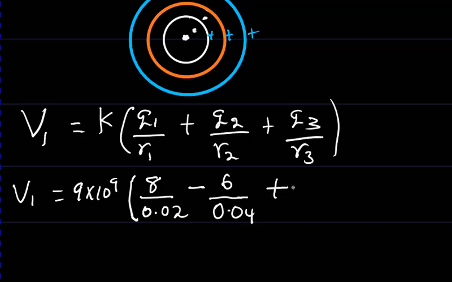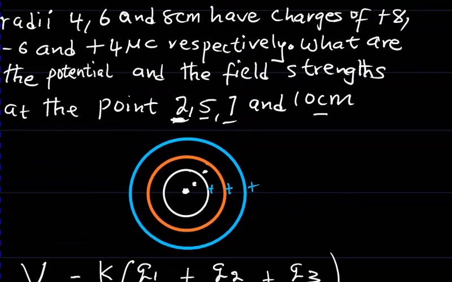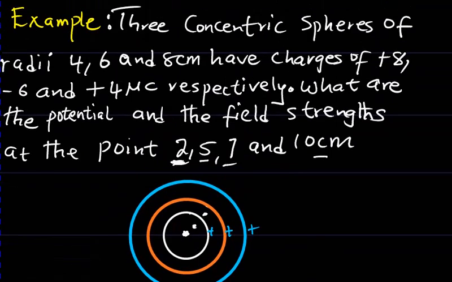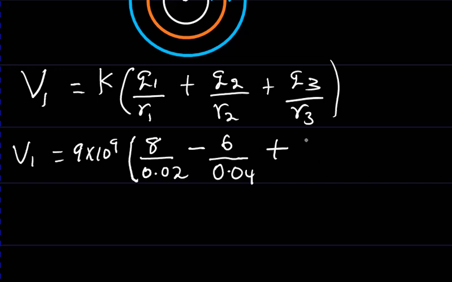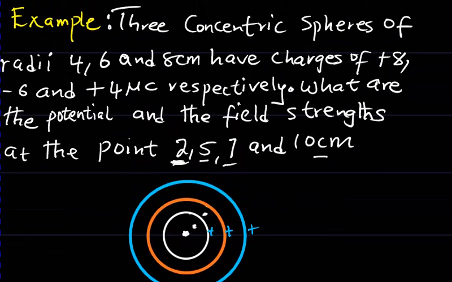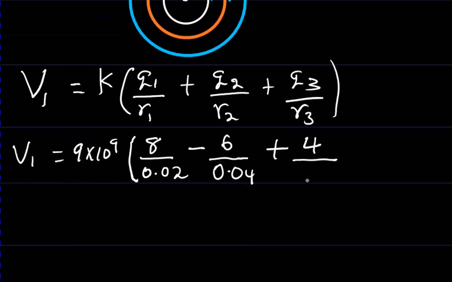Then the last but not the least, the charge of the third sphere, which is 4 microcoulombs, 4, then divided by the distance. The third sphere is 8 cm, then subtract 2, that is going to be 6 cm. When you convert to meters, that will be 0.06.